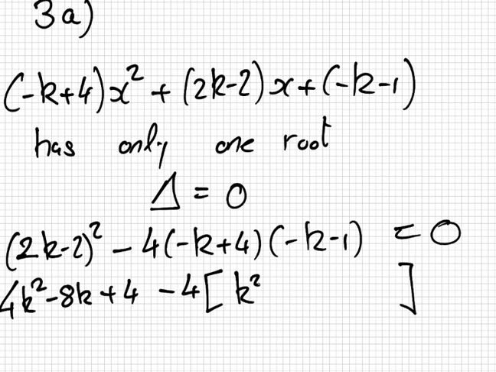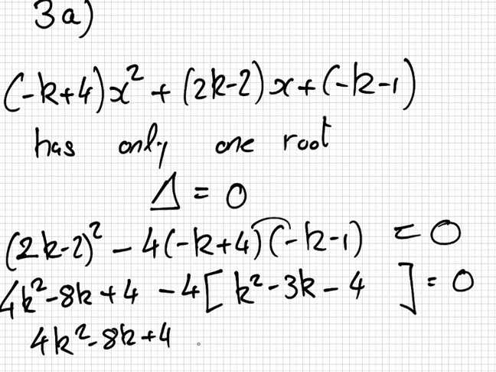K squared minus, hang on, that's minus 4k and that's plus k. Minus 3k, is it? Minus 4 equals 0. So then I get 4k squared minus 4k plus k. Yeah. 4k squared minus 8k plus 4 minus 4k squared plus 12k plus 16 equals 0.